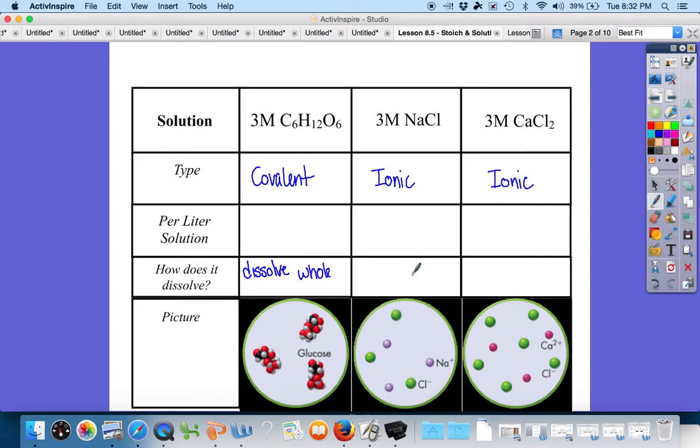Where ionic compounds are going to split into the ions.